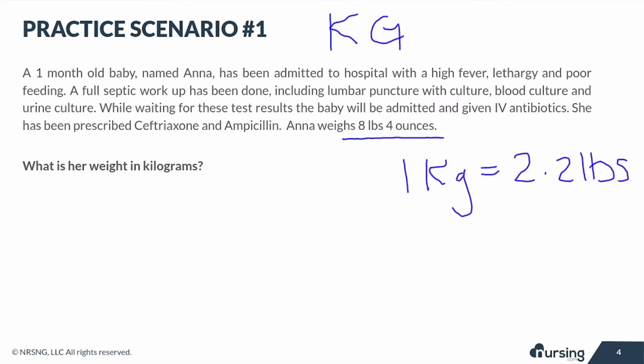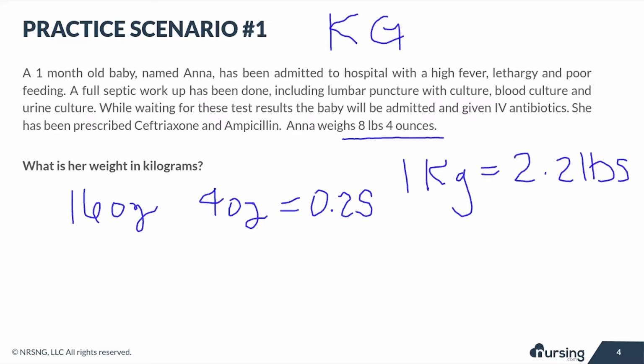Okay, so let's go ahead and calculate this. So the tricky thing to remember with this particular case is that we have to work out 4 ounces and figure out how much of a pound 4 ounces is. So remember, there are 16 ounces in a pound, so 4 ounces equals 0.25 of a pound.